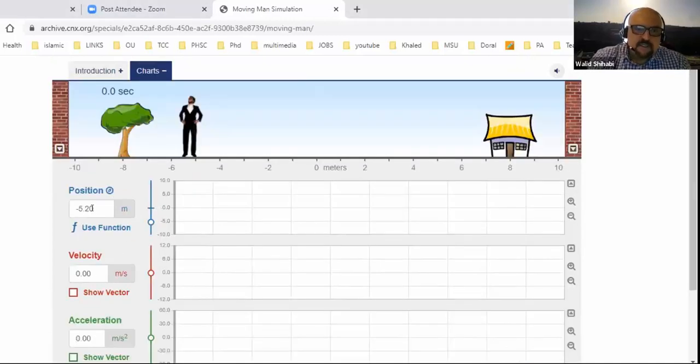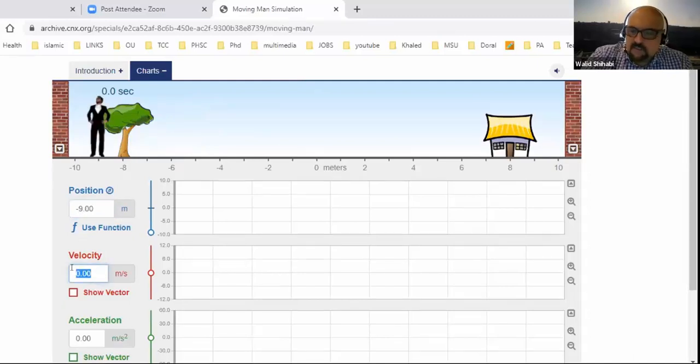So let's say you set the position at -9 here. You'll set the velocity, like before, let's say at 5 meters per second, positive. And we set the acceleration at, let's say, negative 0.5, so 1/2 meter per second squared.